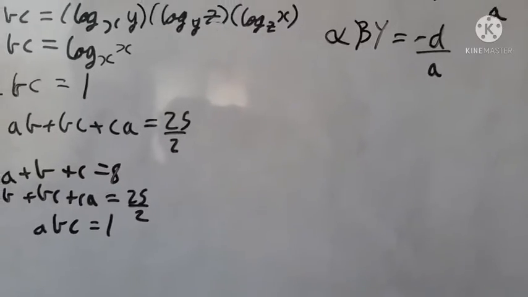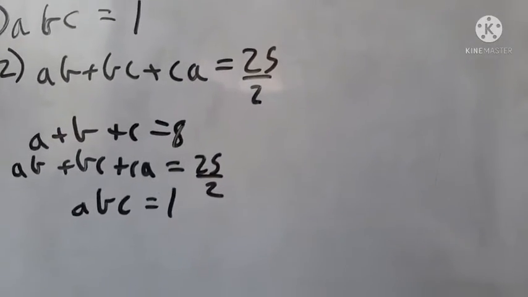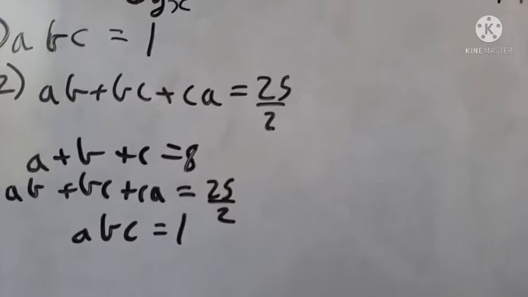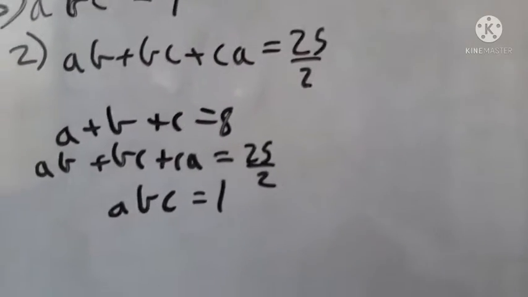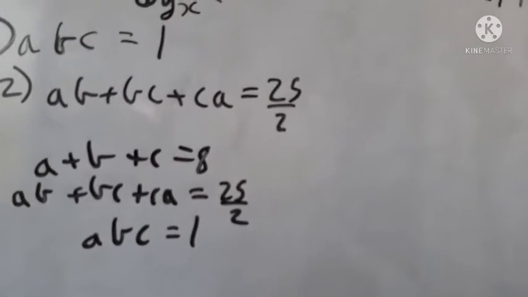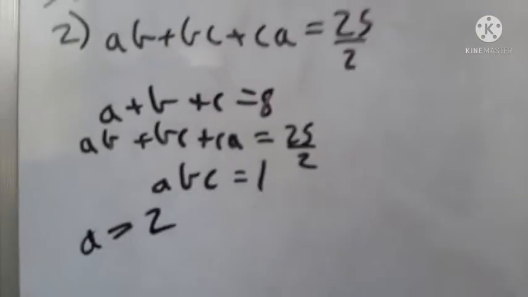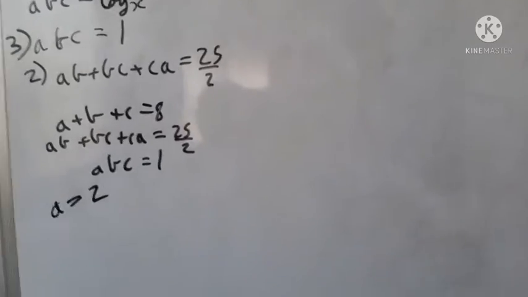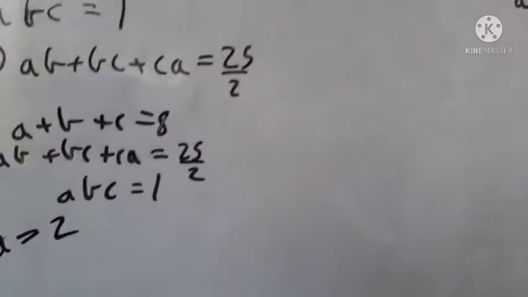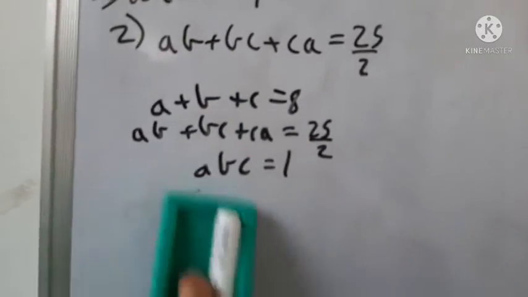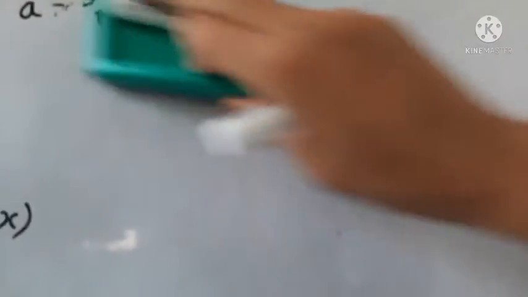So let's see. Let's form a cubic. Oh no, sorry, I should take alpha for this one, because otherwise there's a very large ambiguity. I'm going to rub the general things off because it's taking up unnecessary space on the board.